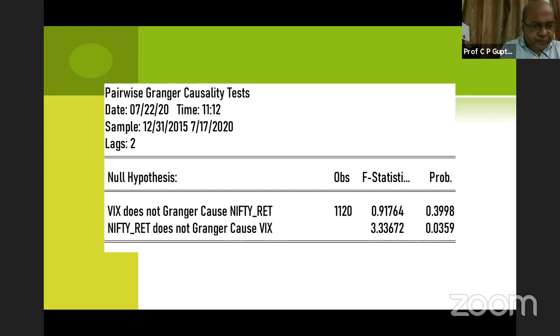Now, VIX does not Granger cause Nifty return.